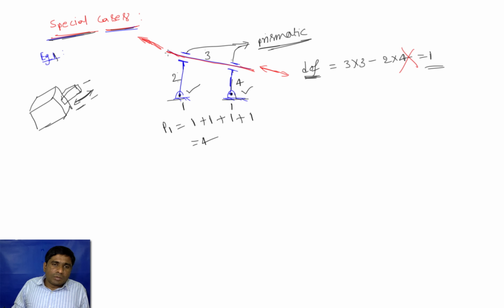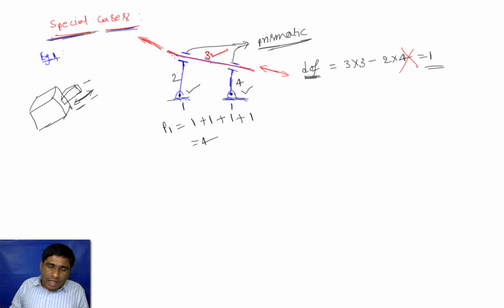If you give any motion to link 3, there is no movement transmitted to the remaining mechanism. If a link can be moved without transmitting any motion to the other links, that is something like redundant. We can call this link redundant, because the motion of link 3 is not affecting the mechanism.